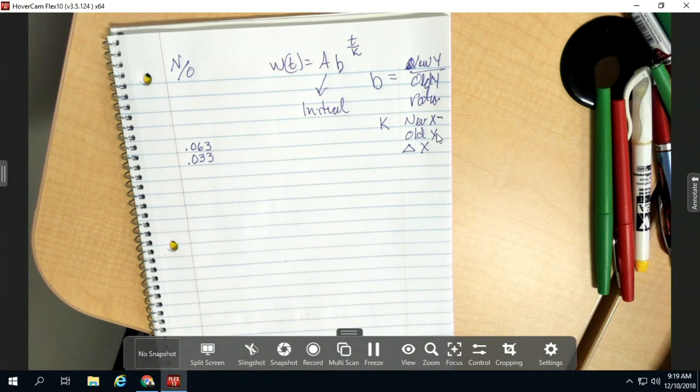Nick? 0.8. I thought it was 0.9. The change in the new x minus the old x. How far apart are your x's? Look at your x's. How far apart are they? Or your times, I should say. The first columns. Yeah, that's 0.9. 0.9, right?